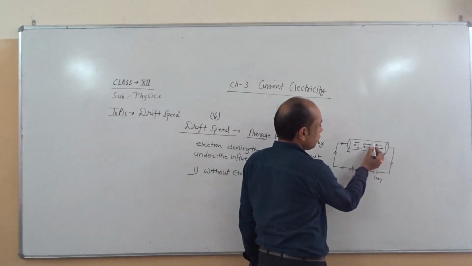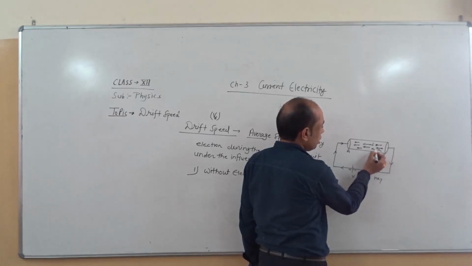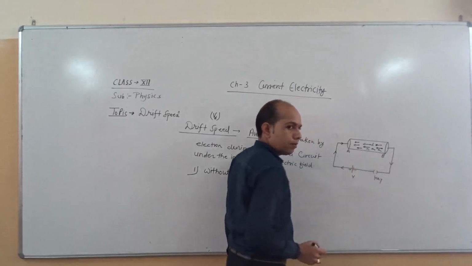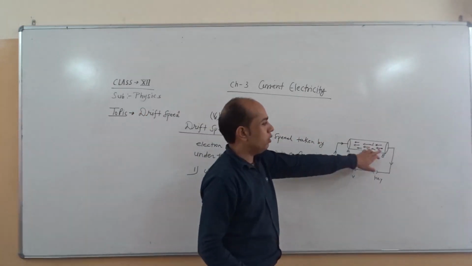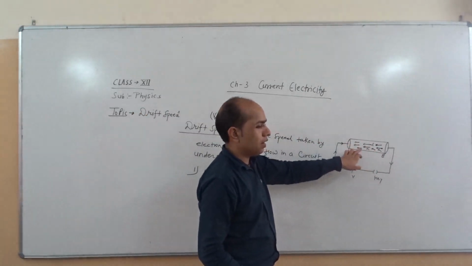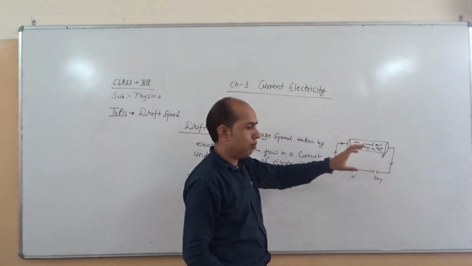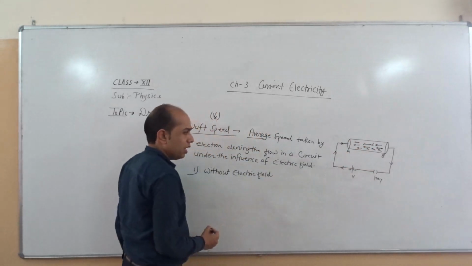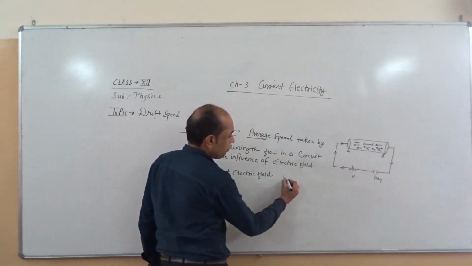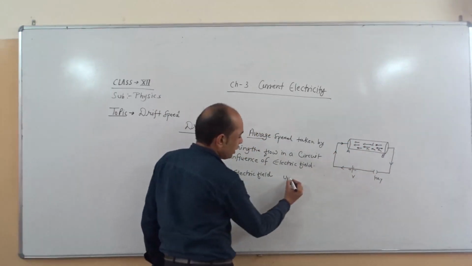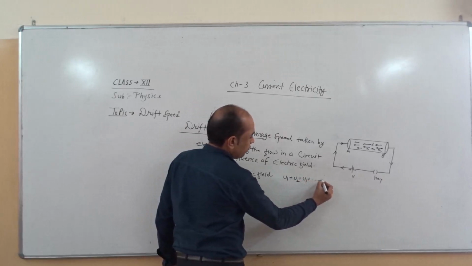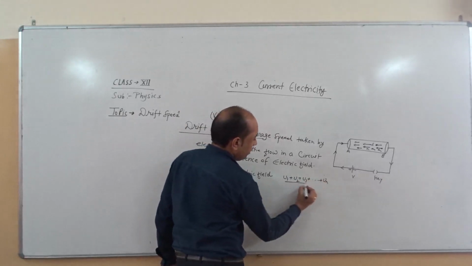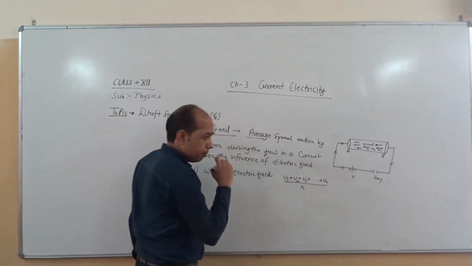free electrons move randomly throughout the conductor. That means for every electron, say 1, 2, 3, 4, 5, 6, 7, 8, 9, 10, all the electrons move randomly. So when we take the average, for first electron speed is u1, for second one u2, u3, and so on, up to un, and then it is divided by n.